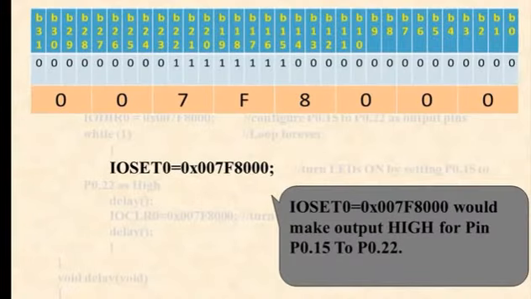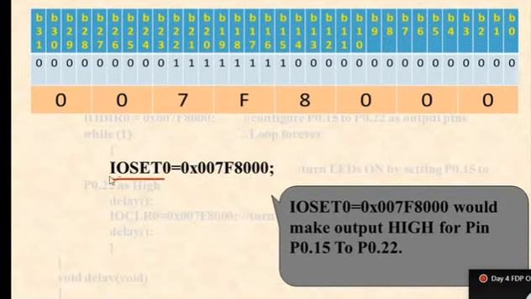Next, IOSET0. IOSET is the instruction to set, and 0 is your 0 register. The register is 16 bit, and if you want to set a particular bit, I am setting 15 to 22.